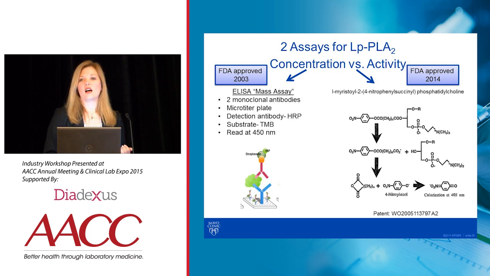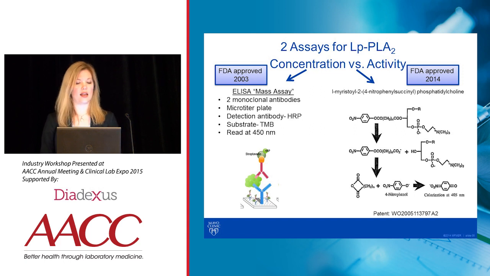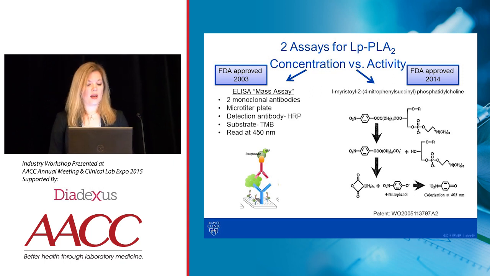and it has been described before in the previous talk that we have this ELISA assay, a standard ELISA assay as laboratorians we're probably aware of. So two monoclonal antibodies, microtiter plate with a capture antibody and a detection antibody, and then we measure that detection antibody using a substrate and read the color detection.